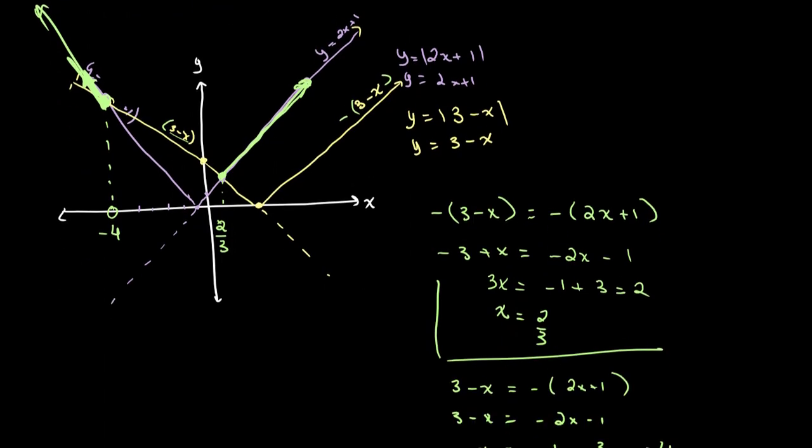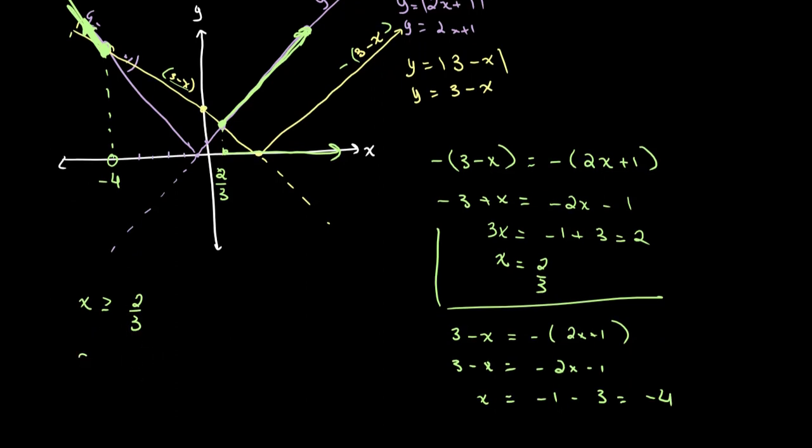So from this, we get everything here onwards. So x is either greater than or equal to 2 over 3, or, from negative 4 going onwards, x is less than or equal to negative 4. And this is our final answer.